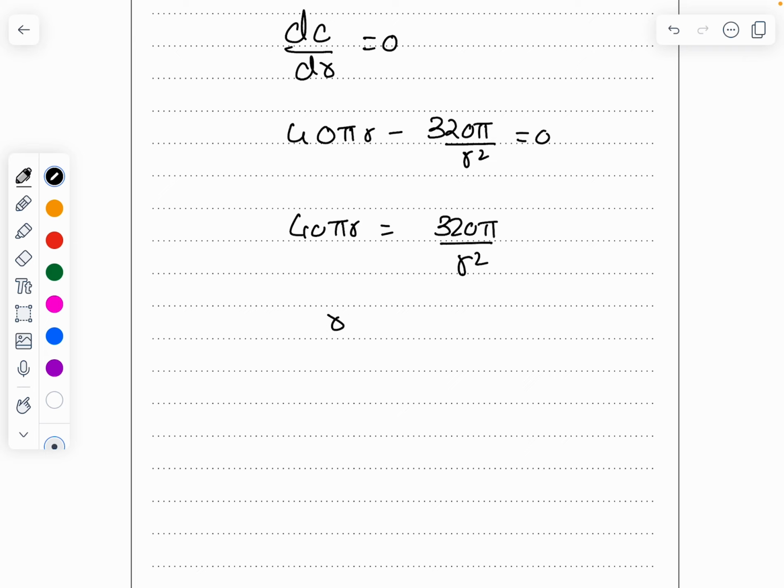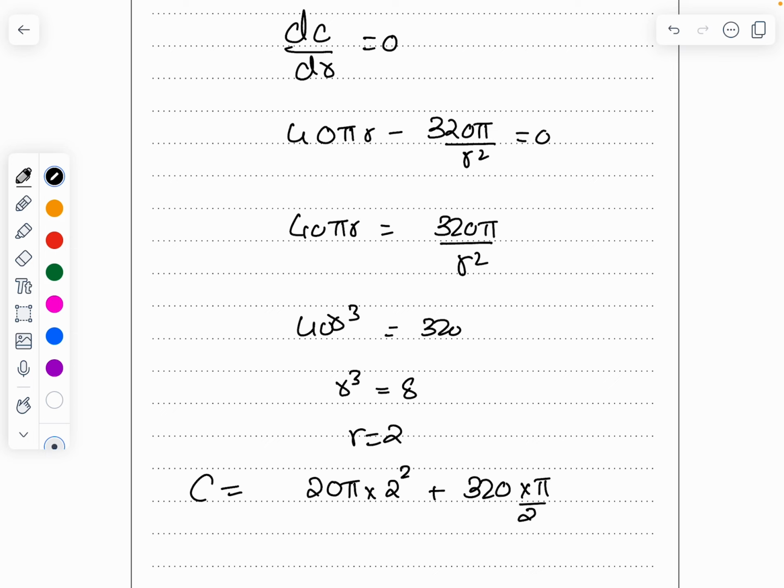So it becomes 40 r cube equals 320, r cube equals 8, so r equals 2. Now what's going to be the value of the total cost? It will be 20 pi times r square, which is 2 square, plus 320 times pi upon 2, which is going to be 80 pi plus 160 pi, which is going to be 240 pi.